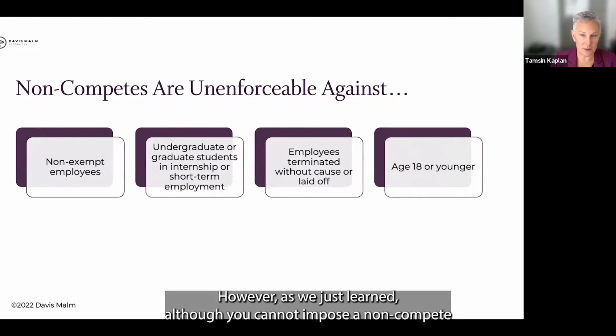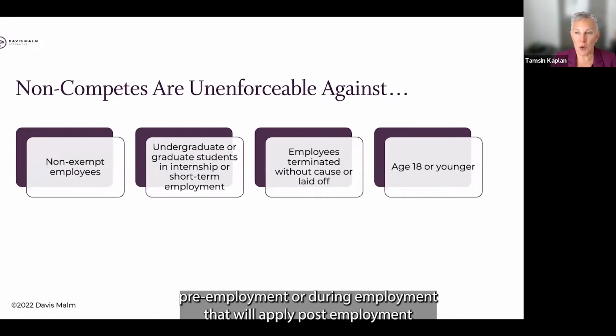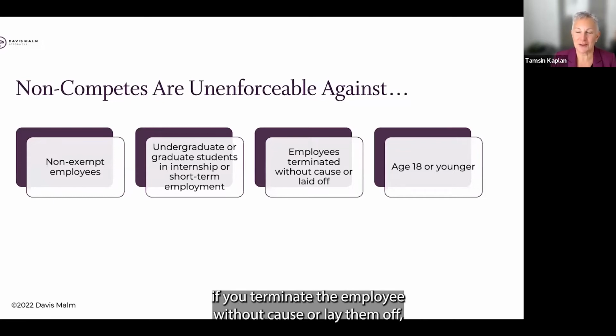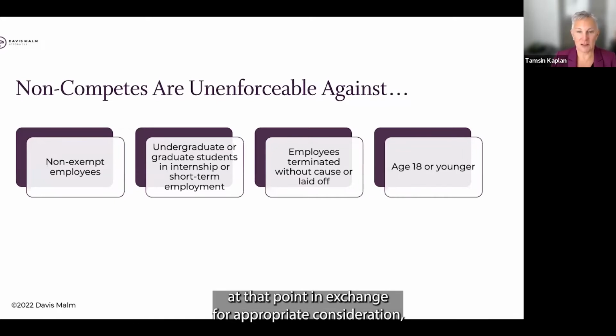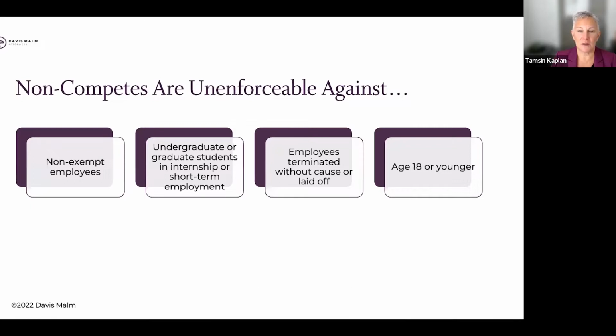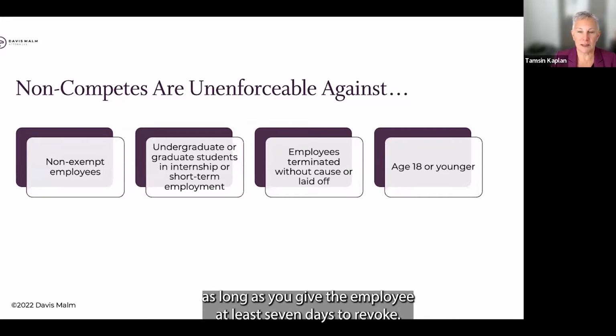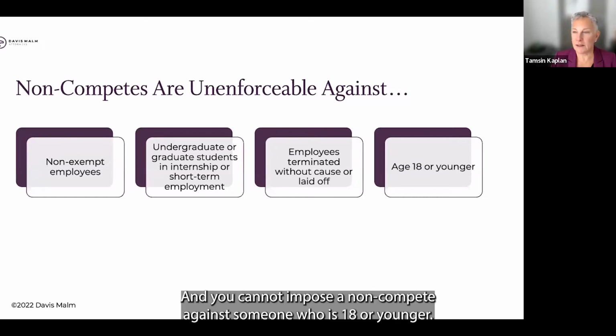However, as we just learned, although you cannot impose a non-compete pre-employment or during employment, that will apply post-employment if you terminate the employee without cause or lay them off. Post-employment, you can put in place a non-compete at that point in exchange for appropriate consideration, as long as you give the employee at least 7 days to revoke. And you cannot impose a non-compete against someone who's 18 or younger.